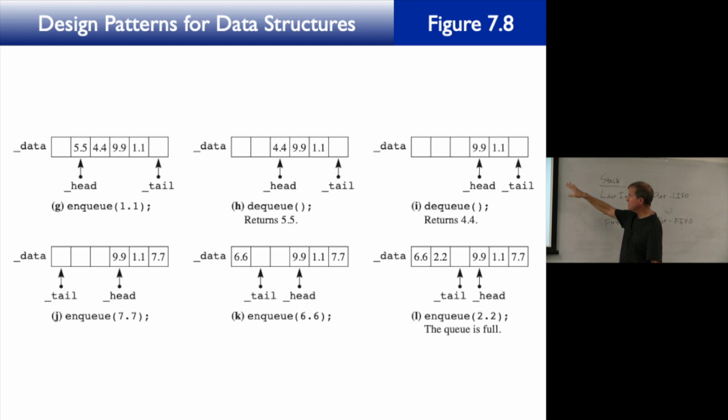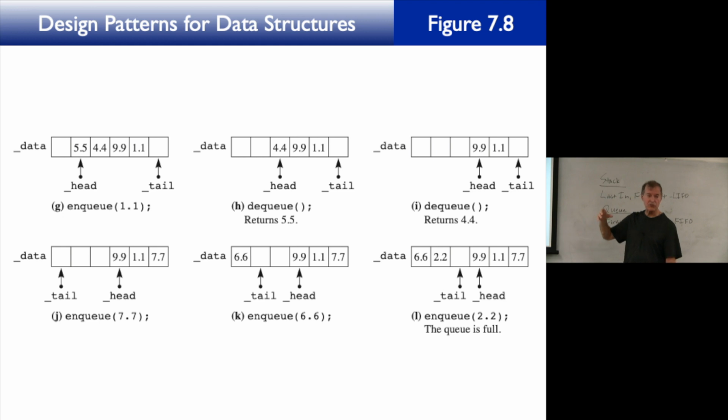In figure 7.6, what's the capacity of the queue? 5. No, I think the capacity is 6. Sorry, not the capacity of the queue. That's a good point. We have two things. We have the capacity of the queue and the capacity of the array T. And what are we saying here? That as far as the user is concerned, the capacity of the queue is 1 less than the capacity of the array.